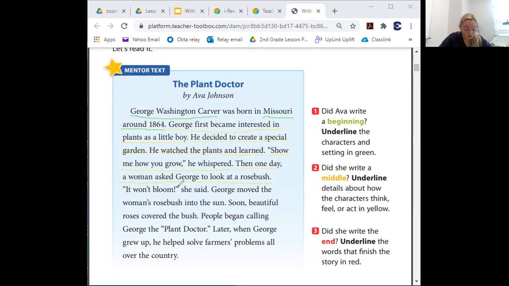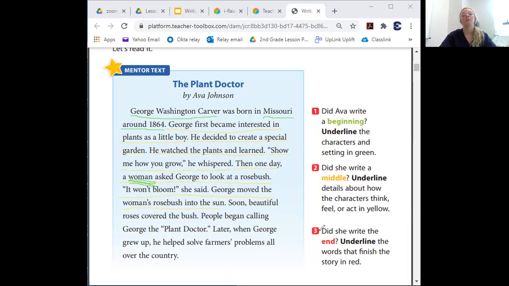George moved the woman's rose bush into the sun. Okay, those are also actions. And I think we forgot a character. The woman is also a character in our story, so let's underline that in green. Okay, I think that's most of our middle section. That was the main part of the story.